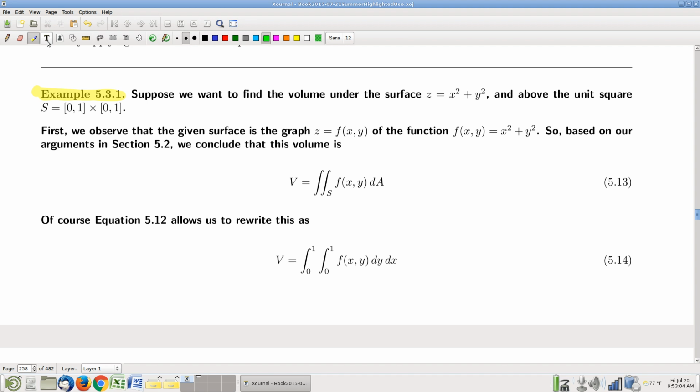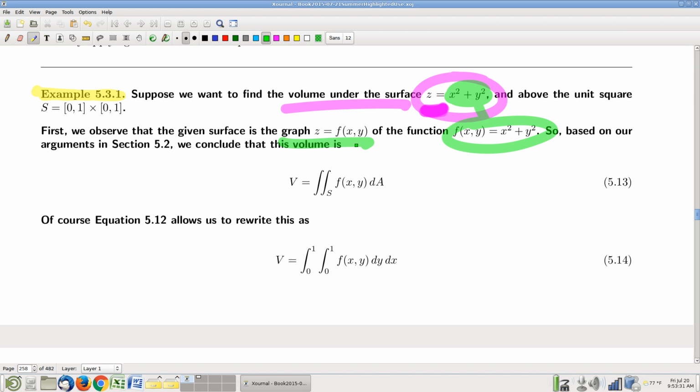Suppose I want to compute the volume under a surface. Now that's a surface, but very importantly, don't lose sight of this. This is a graph, right? The only thing that we know how to do with double integrals in terms of volumes is how to compute volumes under graphs. So specifically, we're looking at a graph of that function.